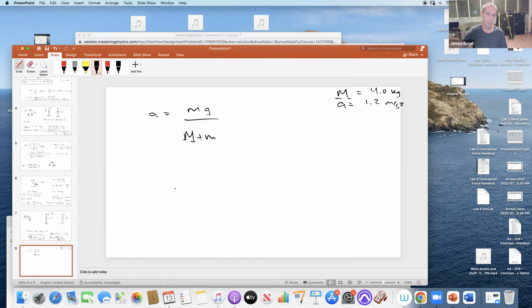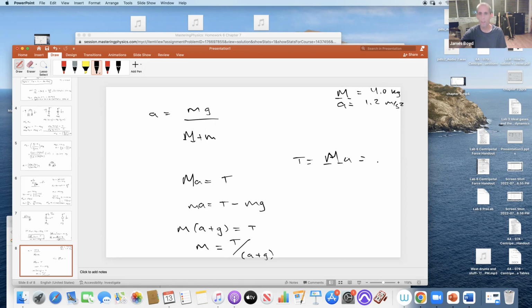Okay, so if we back this up for a minute, I had that big M A was T and little m A was T minus mg. So we want to find little m. If we move this over, we get m times A plus g is equal to T, or m is equal to T divided by A plus g. But remember, our T is big M A.